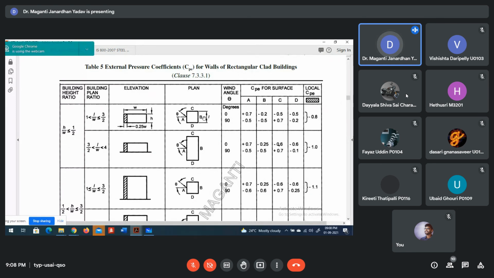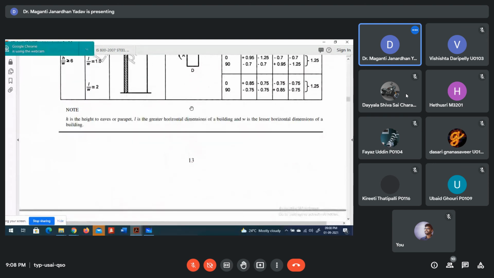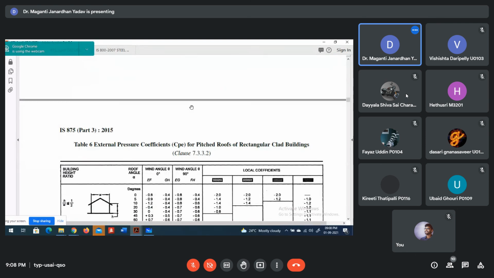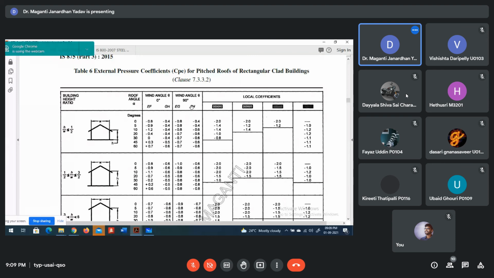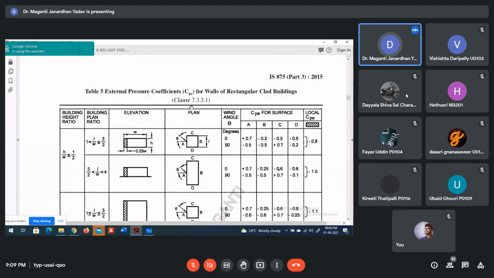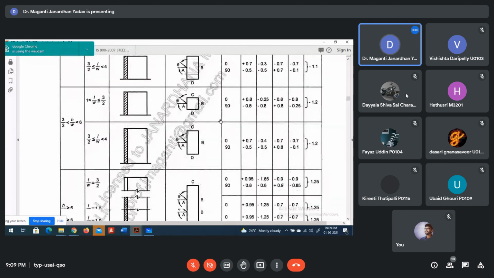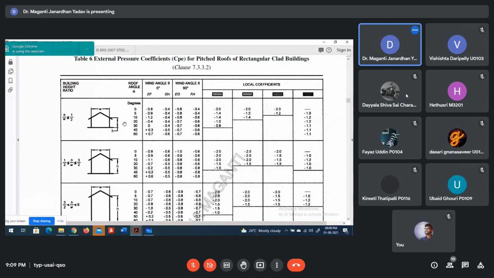This is the AB, CD surfaces. These are for pitched roofs. These are for the rectangular clad buildings, and these are for the pitched roofs.